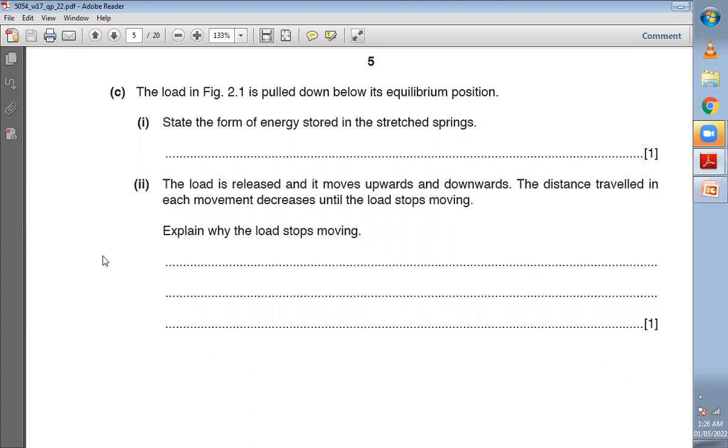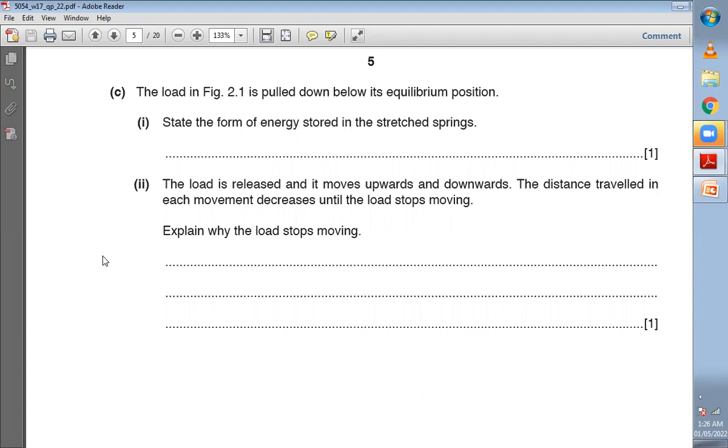Then this says the load is released and it moves upwards and downwards. The distance traveled in each movement decreases until the load stops moving. Explain why the load stops moving. You see, when the spring is vibrating, the load is moving up and down. It has to overcome air friction. So when you overcome air friction, your energy converts into heat, which is dissipated into the surrounding.